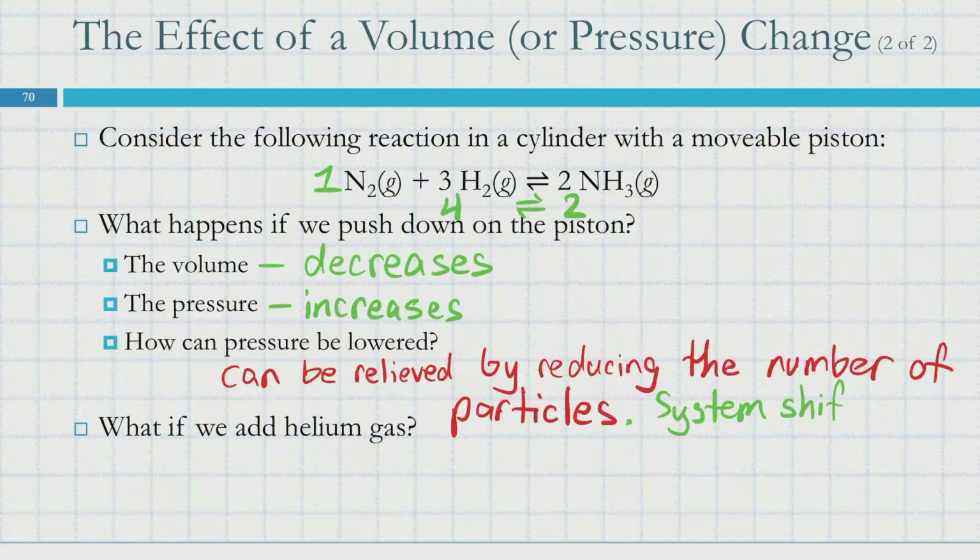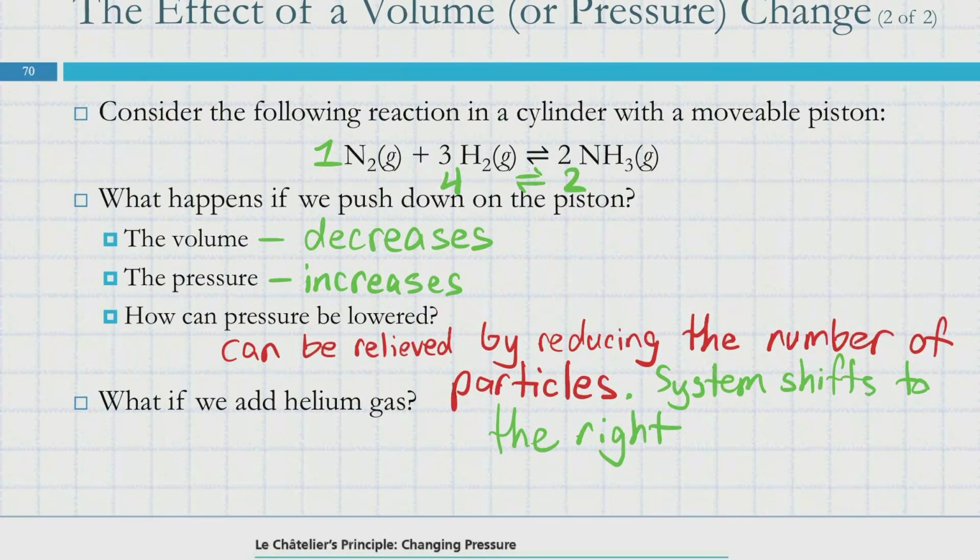So our system shifts to the right, because we have a fewer number of moles of particles on the product side versus the reactant side. That's our more compact way of shoving all of the atoms into the same space.